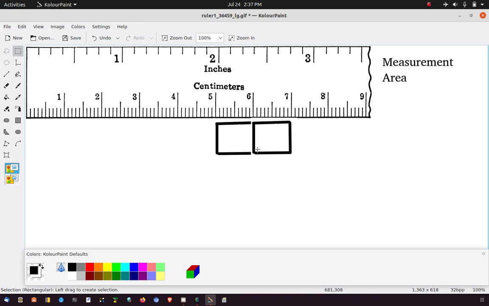Now I have 2 centimeters squared, 2 squares here, 2 square centimeters. Notice the height is 1 centimeter, the width is 2 centimeters. So I have 1 height by 2 wide.